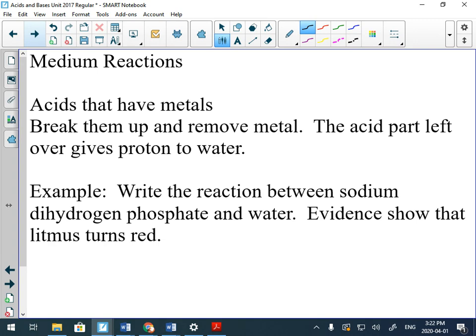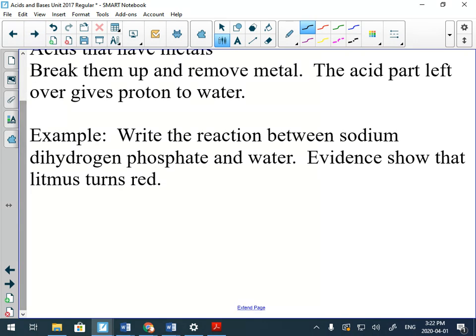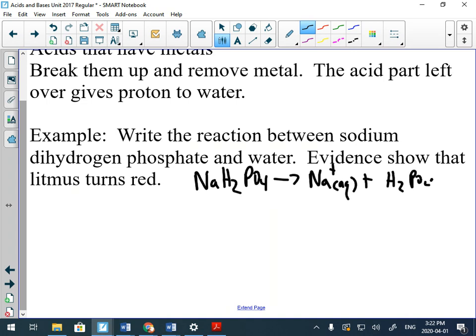So let's say we had sodium dihydrogen phosphate, and you were trying to write out the reaction between it and water. So the first thing is we have to write out what sodium dihydrogen phosphate looks like. Okay. Now, the first step is we have to break it apart. The metal gets broken apart. So we get sodium and dihydrogen phosphate.